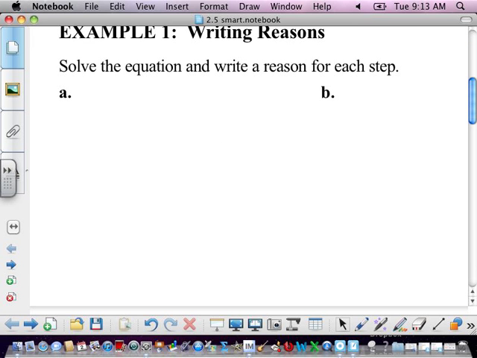Whatever. All right. So what we're going to do for example 1 is we've got an equation that we have to solve, but we have to state each step that we're doing and what we're going to call it. Is everybody with me so far? Okay. So for A, my original problem, 10 minus 2x equals 3 times x minus 2 plus 4.